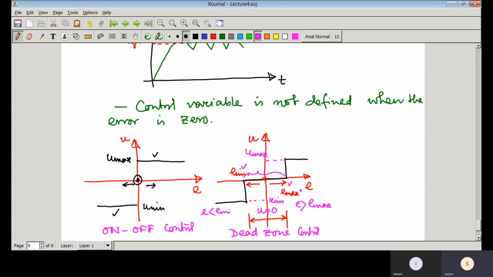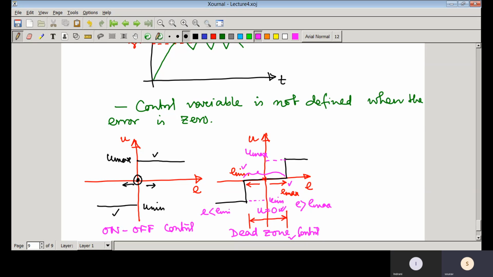The difference between dead zone and on-off control is that in dead zone we allow a band, and whenever the error lies inside that band, the control input is equal to 0. This is another type of control strategy we apply in practical applications, and it is called dead zone control.